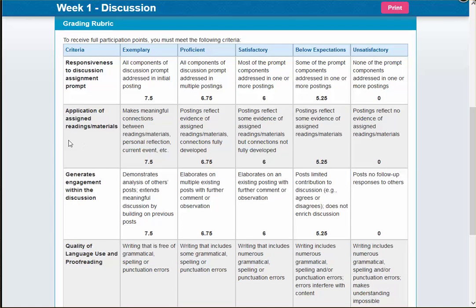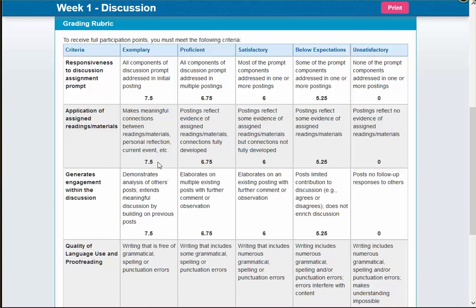The next criteria is application of assigned reading materials. To earn full points, you need to make meaningful connections between your readings, materials, personal reflection, current event, etc. What does that mean?